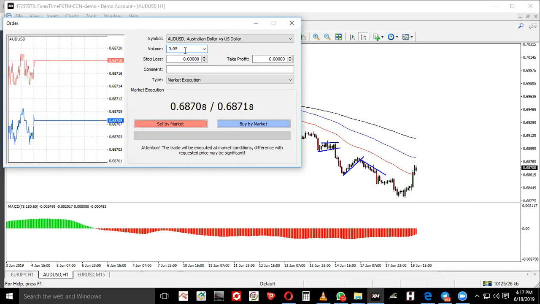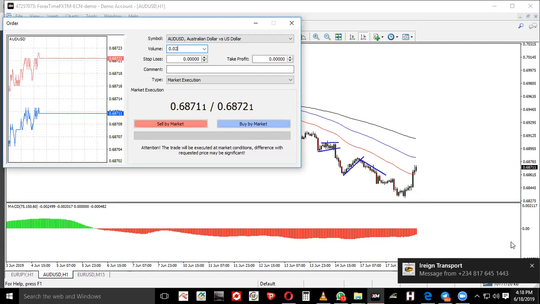Because when you buy a currency pair, for instance, this is the Australian dollar. Where the Australian dollar is now, I haven't analyzed, but I'm quite sure it would go down from here. So let me just sell with 0.02. Now, this 0.02 is a type of lot size.